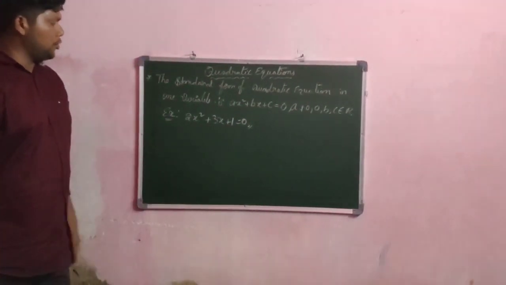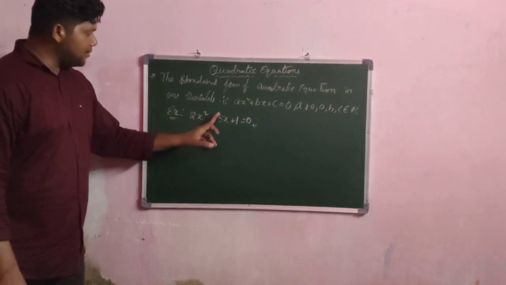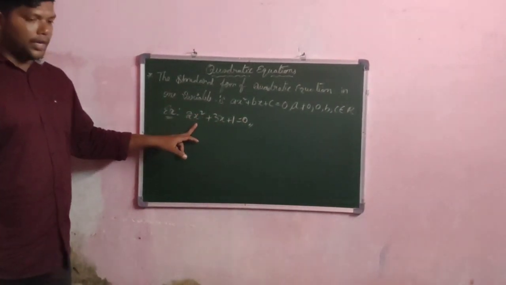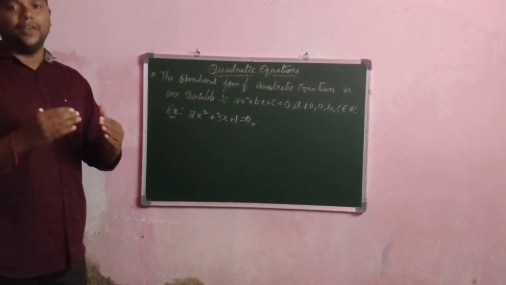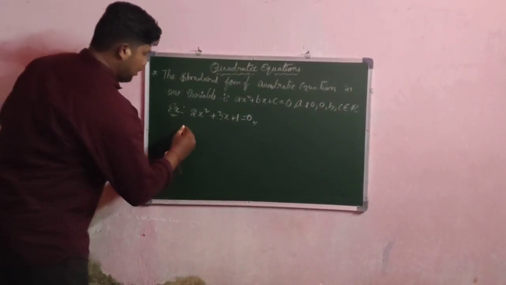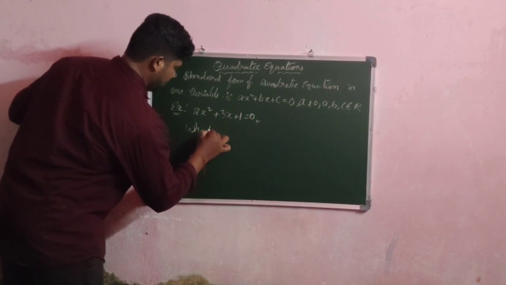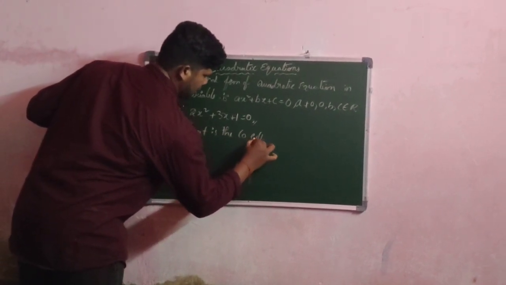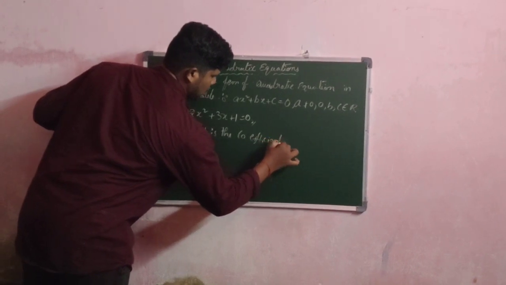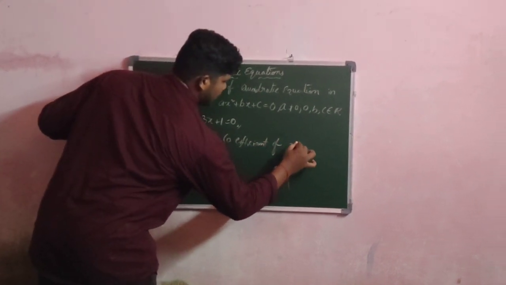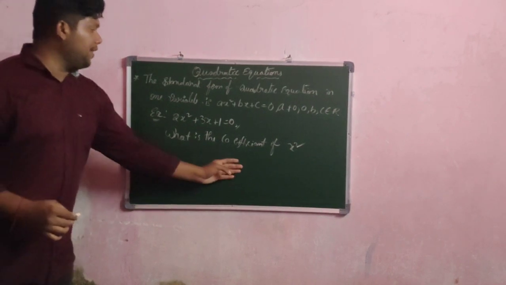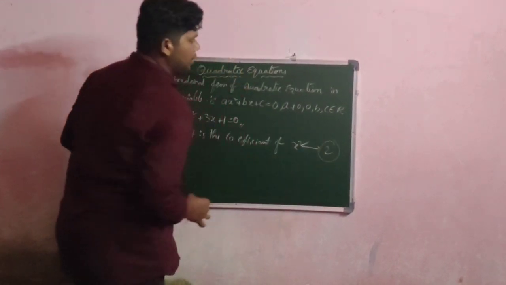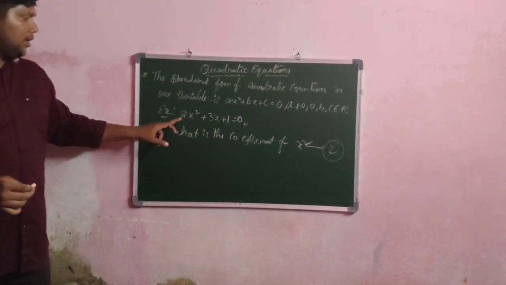And let's see an example: 2x square plus 3x plus 1. What is the coefficient of x square? 2 is the x square coefficient.